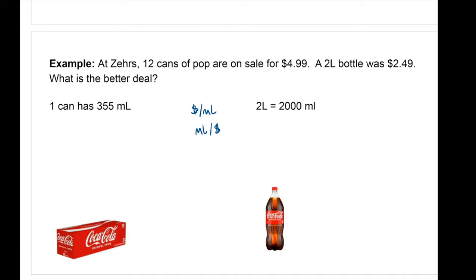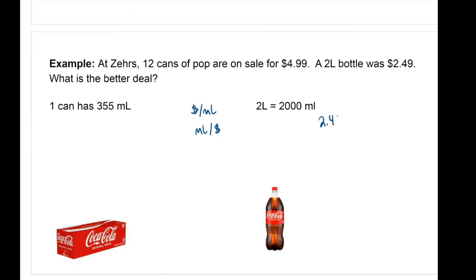So in this case, I'm going to say, figure out the dollars per single milliliter, right? Usually the unit rate is dollars per something when we're dealing with cost and money. So I need to figure out how many milliliters I have. The 2-liter one is very straightforward. We have 2,000, we're using dollars first.